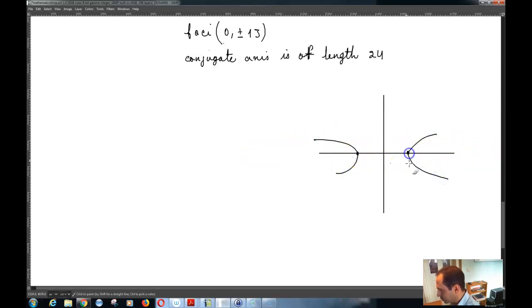So these are my vertices, and this distance would then be 2a, which is also the length of the transverse axis. And you have these 2 points, f1 and f2, and this distance over here is 2c, which is the distance between the two foci.